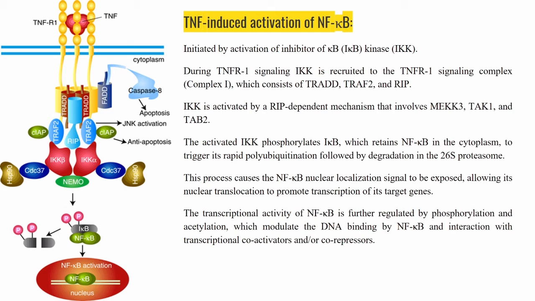The activated IKK phosphorylates IkB, which retains NF-kB in the cytoplasm, to trigger its rapid polyubiquitination followed by degradation in the 26S proteasome. This process causes the NF-kB nuclear localization signal to be exposed, allowing its nuclear translocation to promote transcription of its target genes.